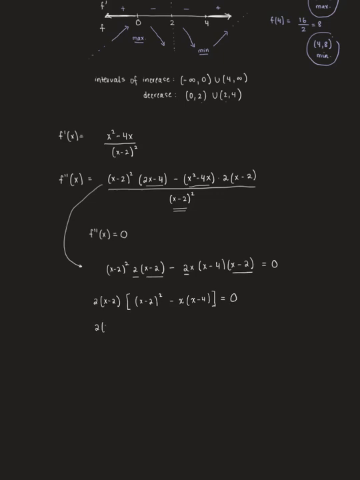So now I've got 2, there's my x minus 2 with the asymptote. When we multiply this out, we get x squared minus 4x plus 4. And this is minus x squared plus 4x.